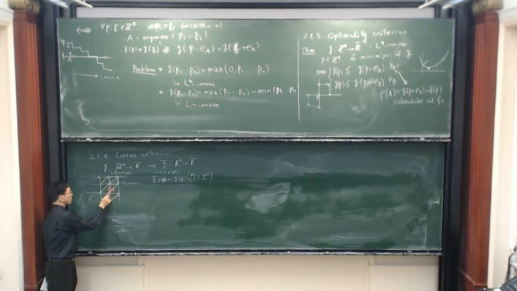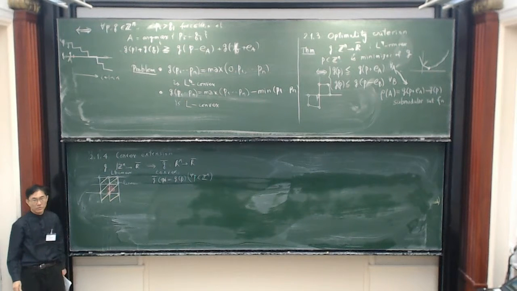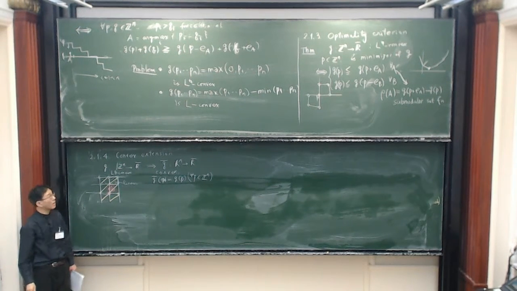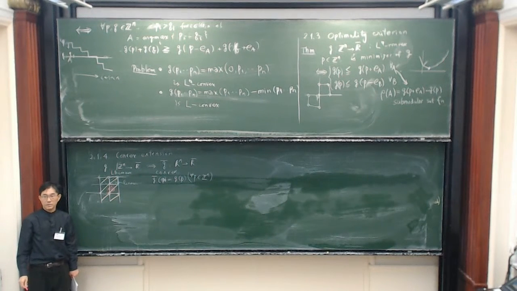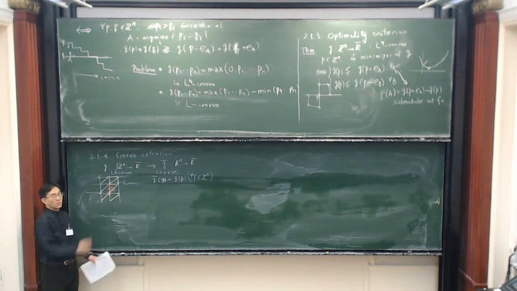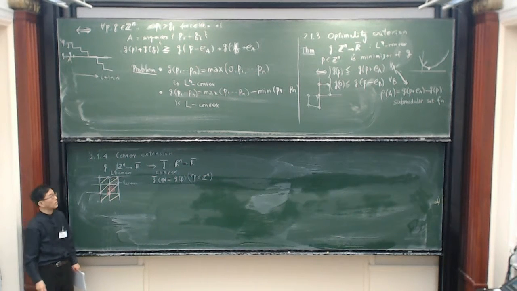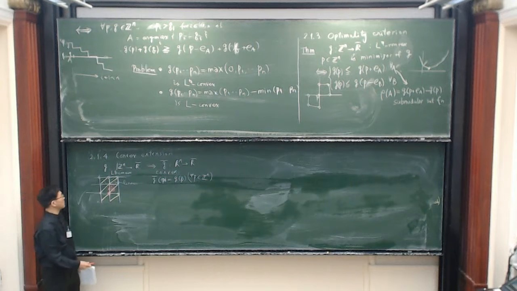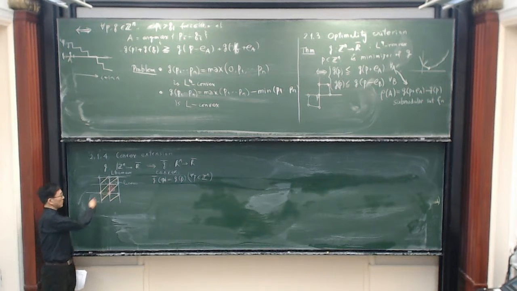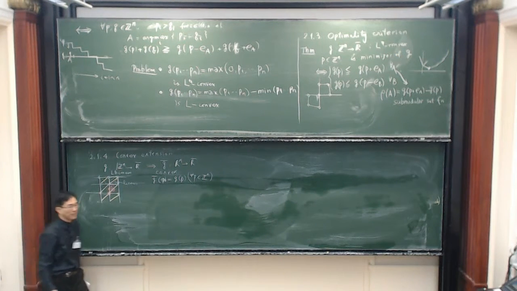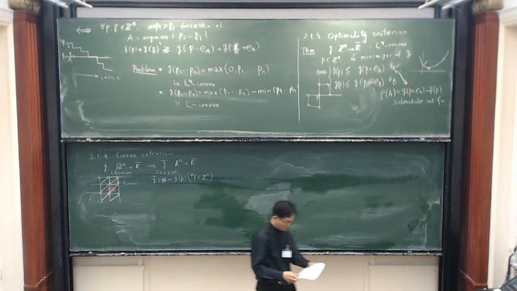Then we can move back to this point to show that this is convex. So this is how the convex extension of L can be constructed. It's simple, but it's just built on the Lovász extension. And now you will see how important it is to have a uniform invariance in this direction. Okay, so that's it.